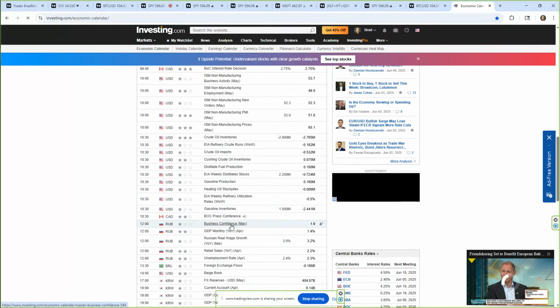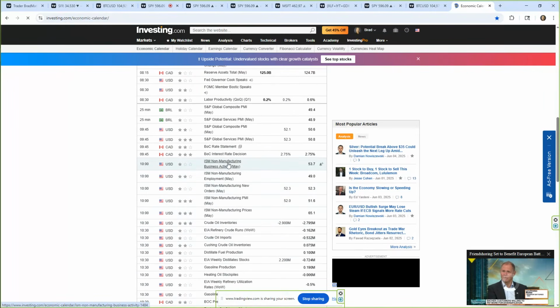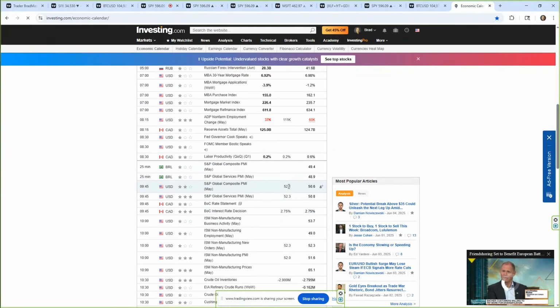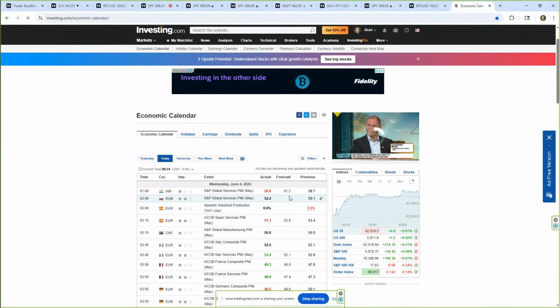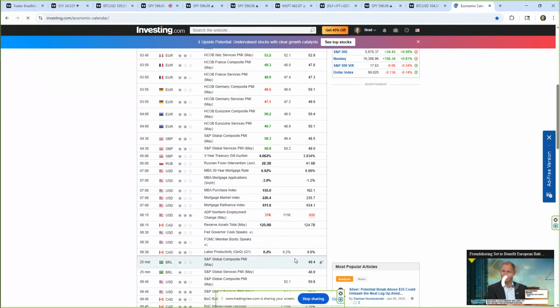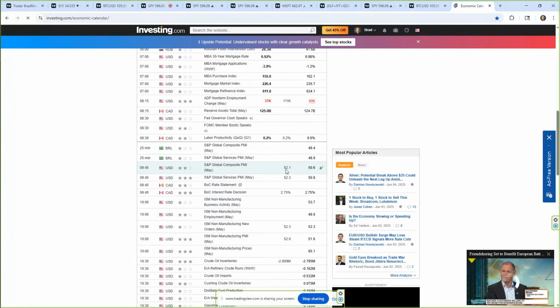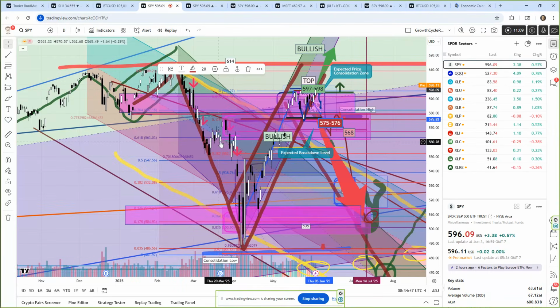Pretty quiet day. The ISM number could be pretty big, and PMI could be pretty big. We'll see. It looks like it's expecting to come in a little higher, at 52. We'll see how it comes in, and we'll see what kind of data we get today. Okay, so that's it here for the SPY.